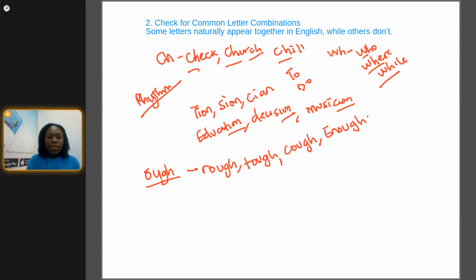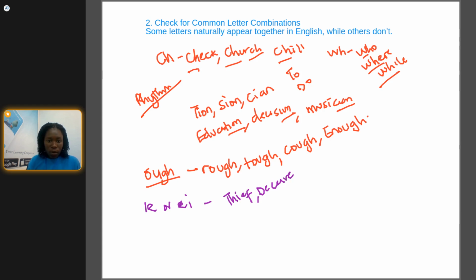All right. Letter combinations like IE or EI. We talked about this in our last class. You find words like thief, words like deceive.